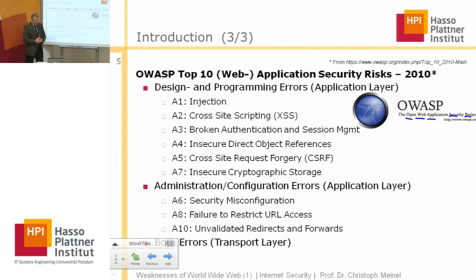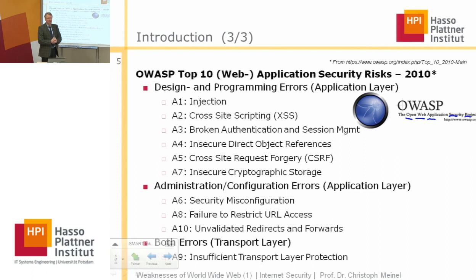And then we have errors on the transport layer, listed as number 9 in the top 10 list: insufficient transport layer protection. So these are the main security risks in a web application using a website. And my guess is, even if we see a new list, a new ranking, there will not be much change in it.